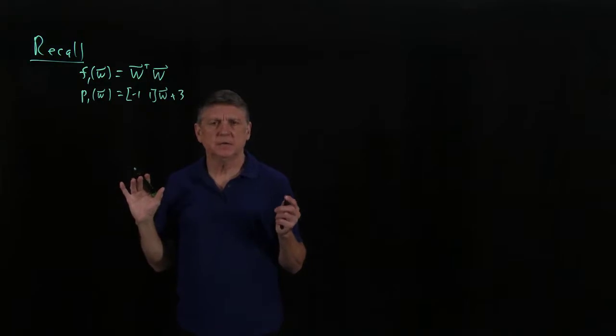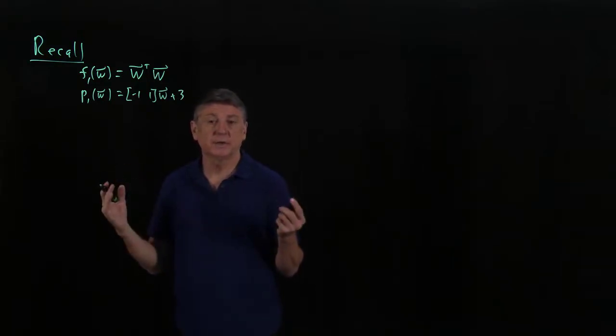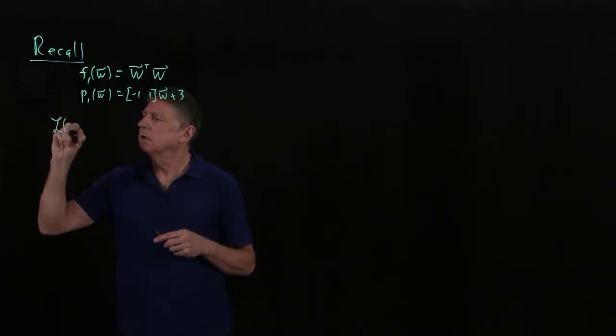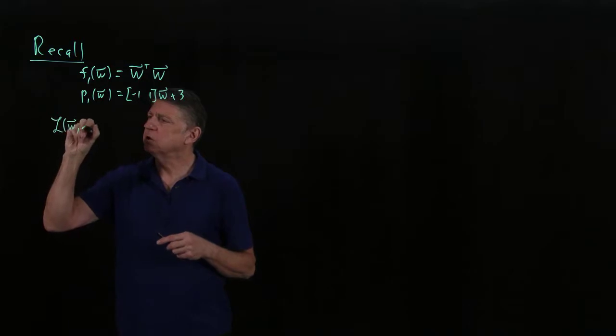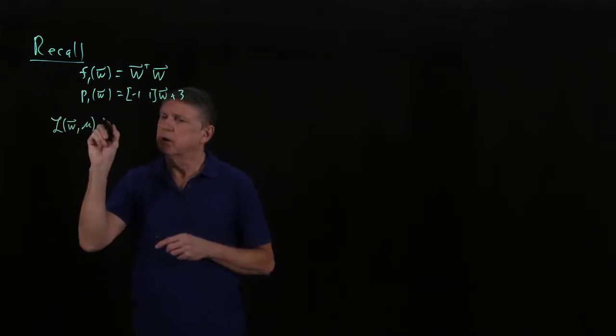If we take the Lagrange function definition from the previous class, we can directly write this down. The Lagrange function would be a function that has a vector argument and a scalar argument.